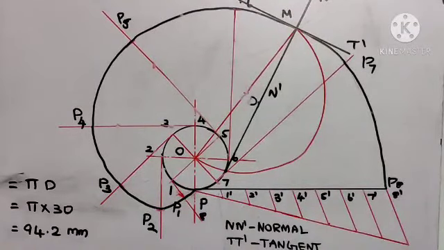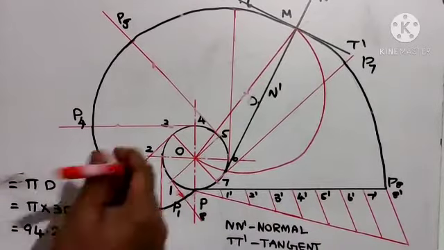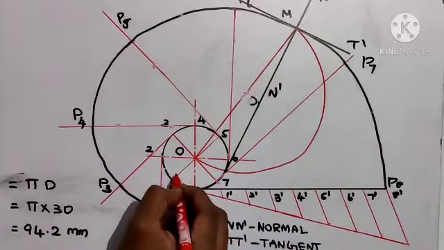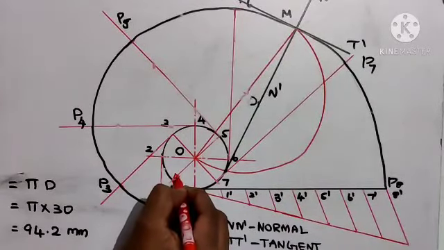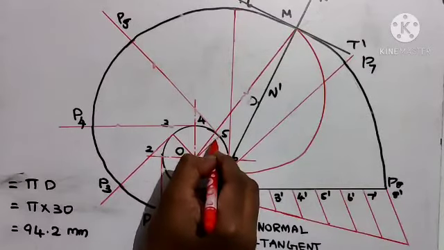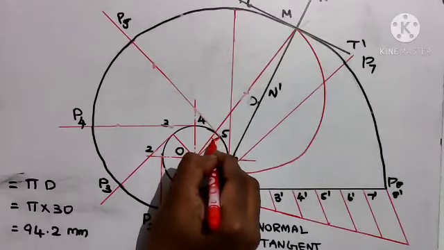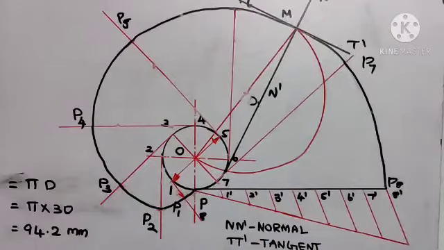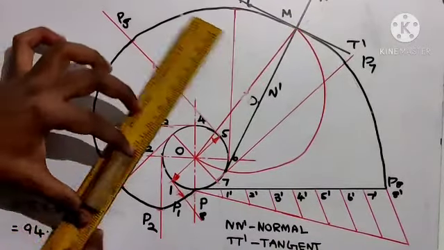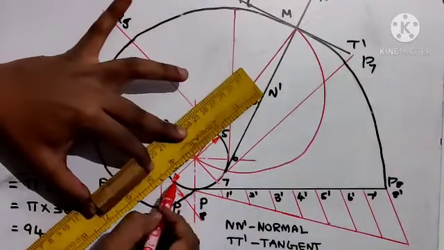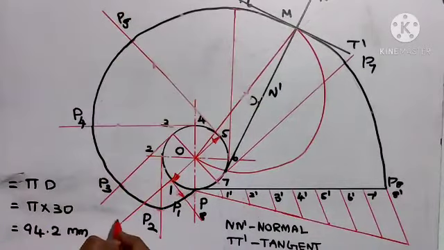Next, you need to dimension two things. One is the diameter of the base circle. Because there are 8 divisions, you choose any one of those divisions and mention the diameter of the circle, something like this. So the diameter is 30.